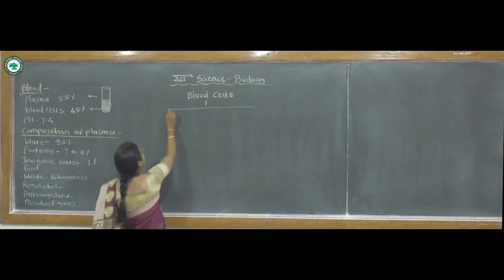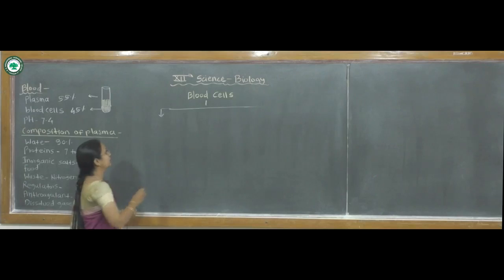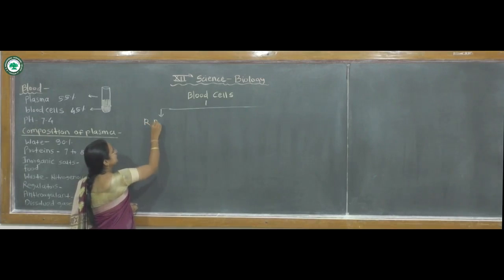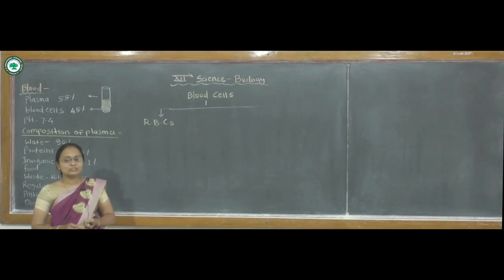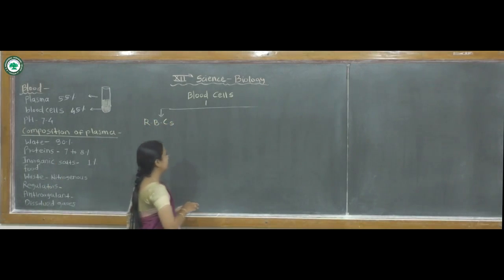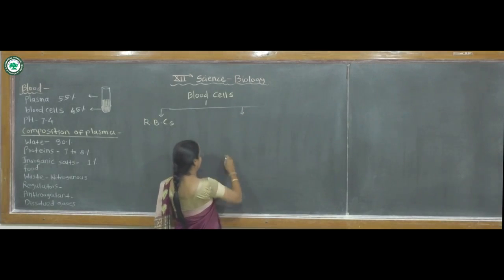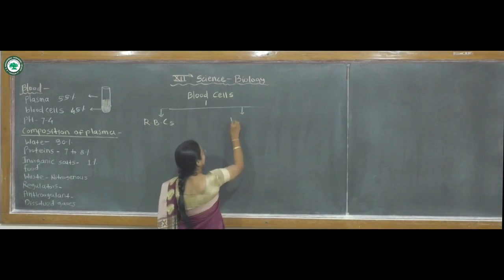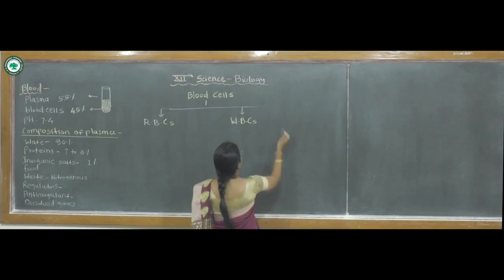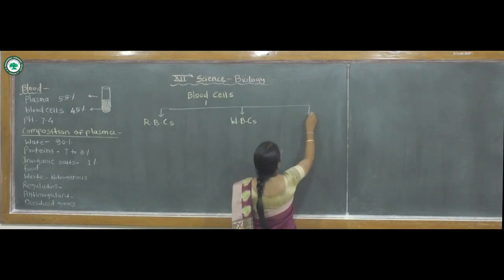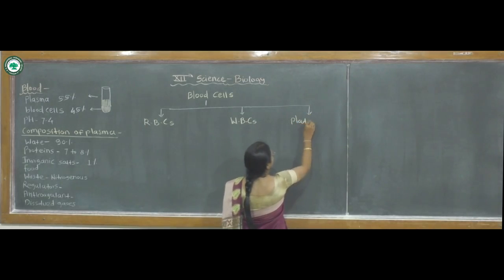The first are the RBCs, that is the red blood corpuscles, also known as erythrocytes. Second are the WBCs, that is the leukocytes, and the third component of the blood cells is the platelets.